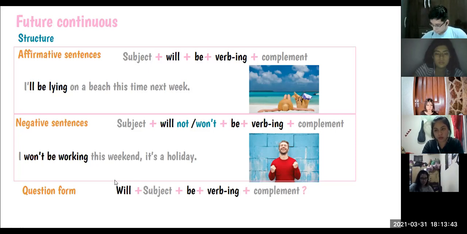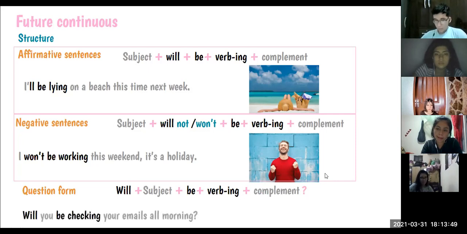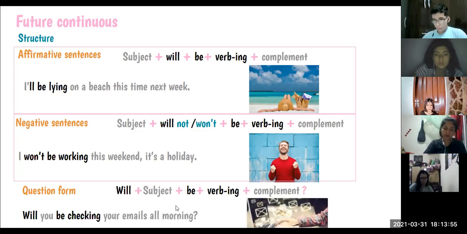Will goes first, then the subject, be, and the verb with the ing form, right? For example, will you be checking your emails all morning? Okay, so here we have the structure of the future continuous. Do you have any questions until here?